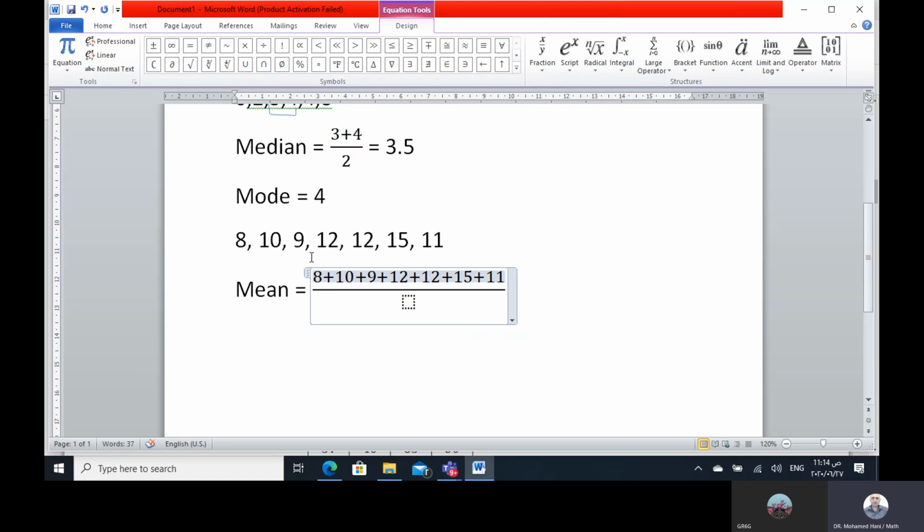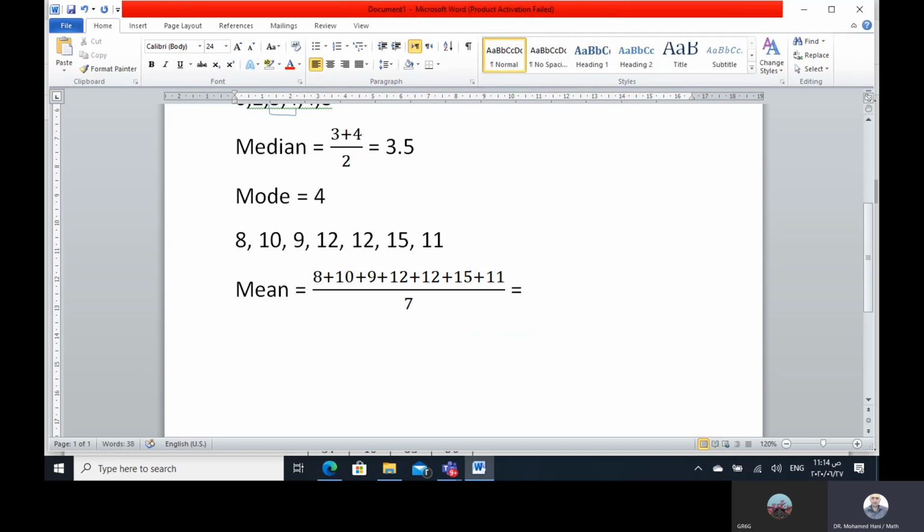Here are 1, 2, 3, 4, 5, 6, 7. Divide by 7. Use calculator to help us. We have 8 plus 10 plus 9 plus 12 plus 12 plus 15 plus 11 equals 77. Divide by 7 will be 11.